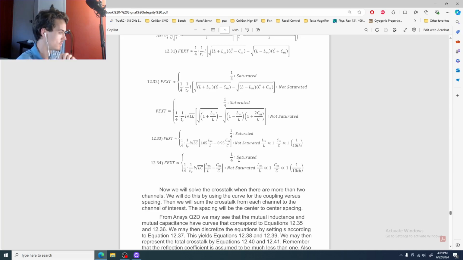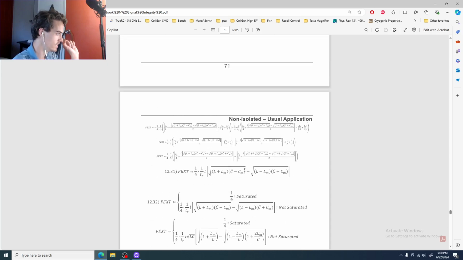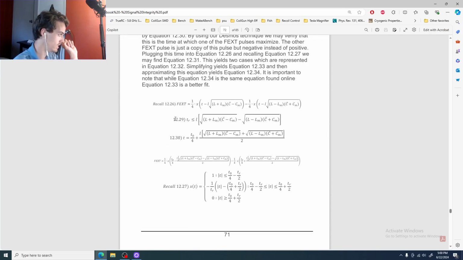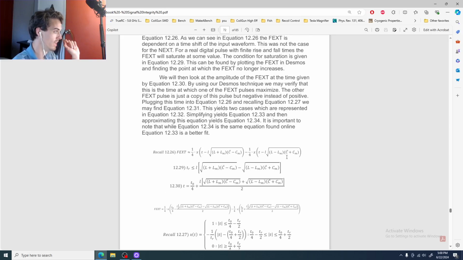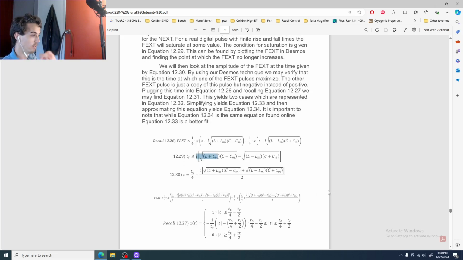If it's not saturated, it'll be 1/4 multiplied by the ratio of the propagation time to the rise time, and this is the 0 to 100 rise time, multiplied by that same ratio, but instead of being added, they're subtracted. The condition for saturation is given by this equation. So if the rise time is less than this term here, then it will be saturated.